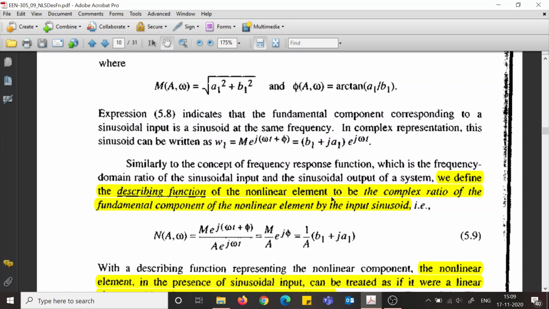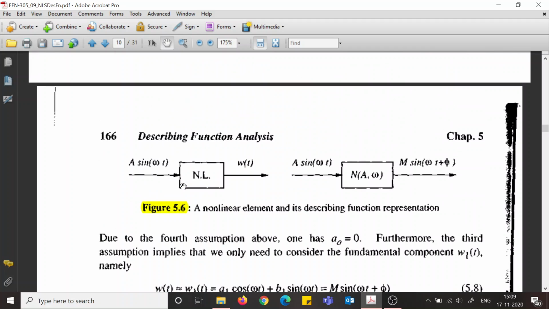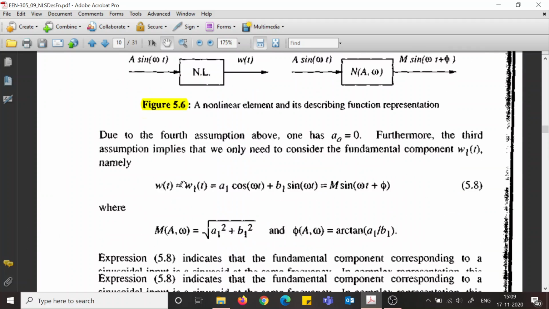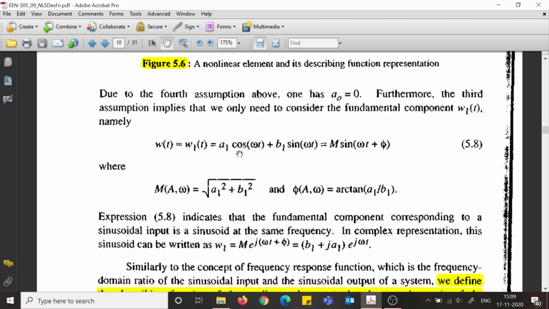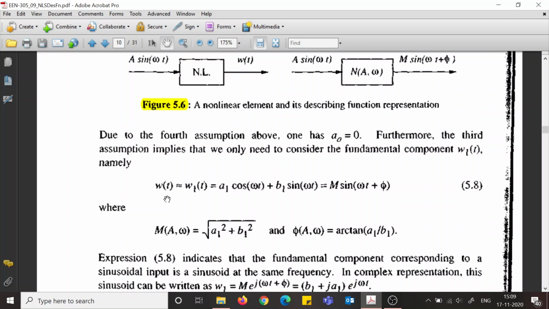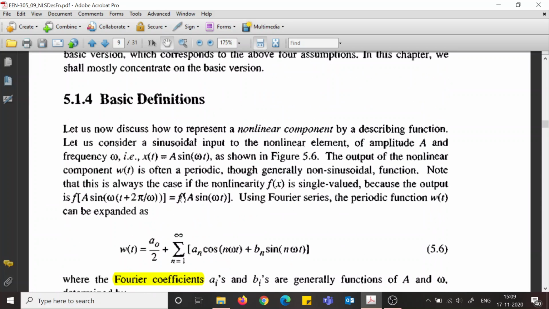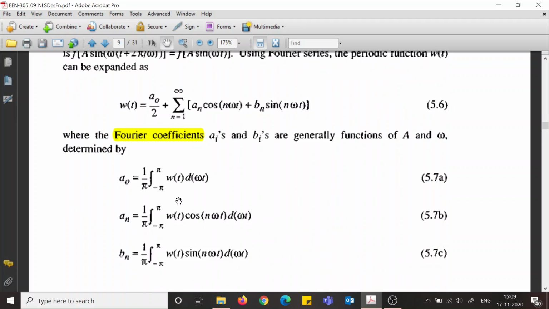So the nonlinear element is producing a periodic output. You take only the fundamental component of that. That fundamental component is A1 cos omega t plus B1 sin omega t, which will give you M sin(omega t plus phi). So M is a function of A and omega. What are A and omega?